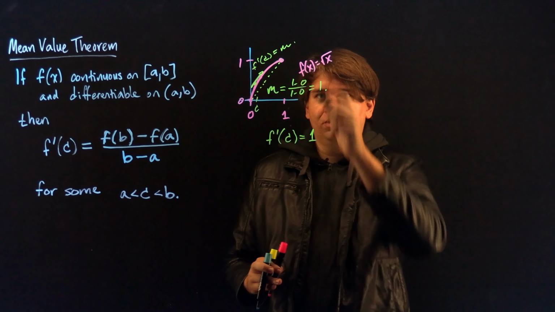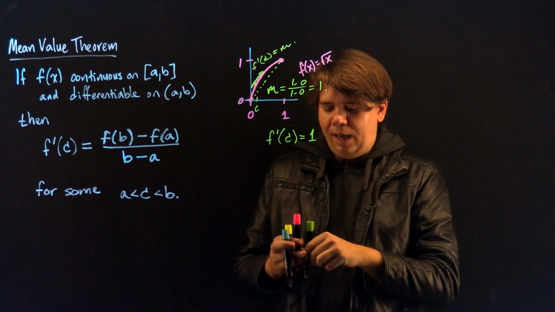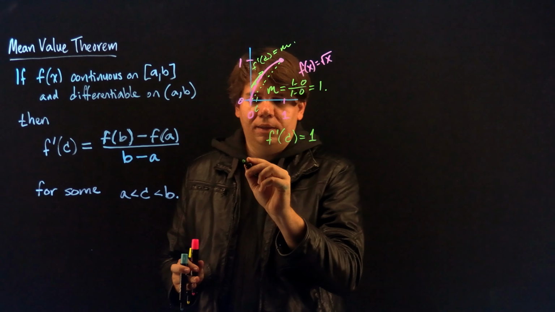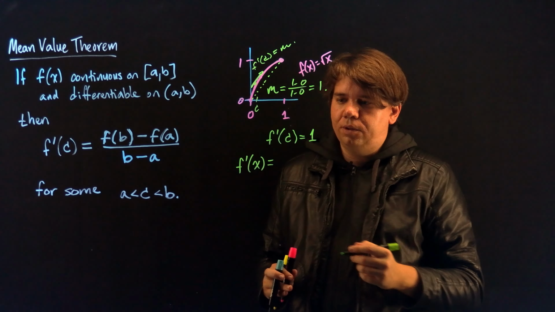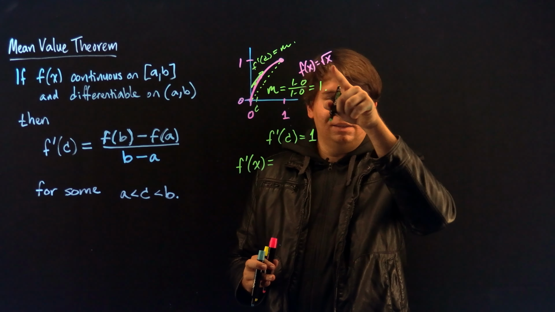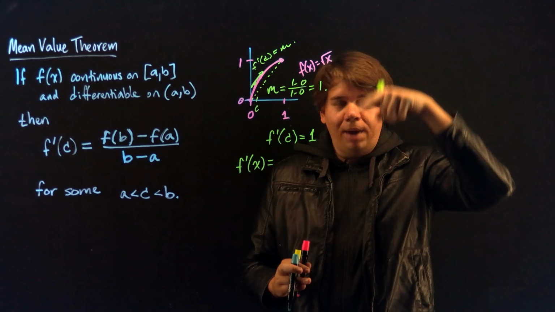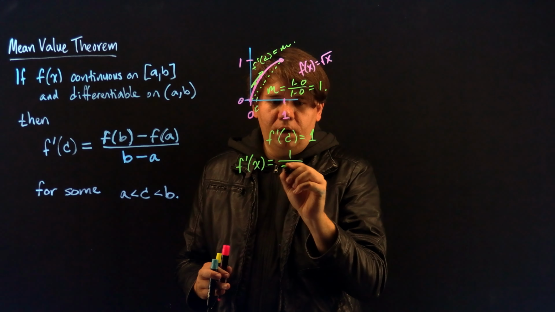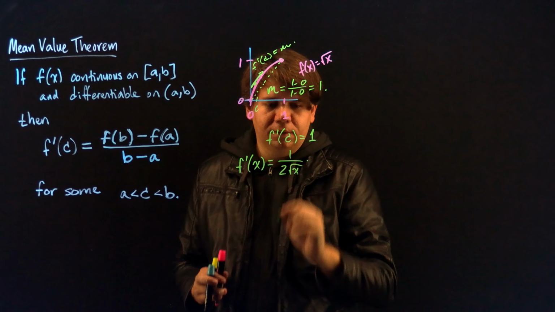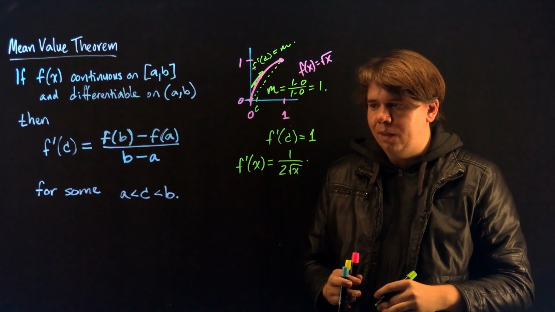We just calculate the derivative. If f of x is the square root of x, then we know that f prime of x, the derivative, is equal to, well, this is the same thing as x to the 1/2 power, so the power comes down, so it's 1/2 x to the minus 1/2, which is the same thing as 1 over 2 square roots of x. I just use the power rule on that.